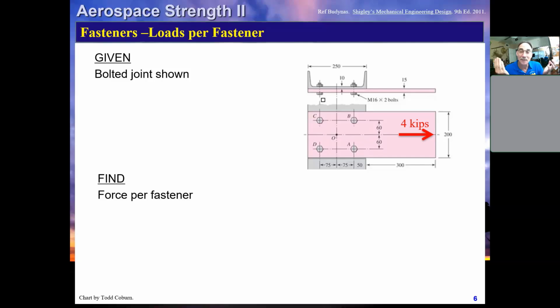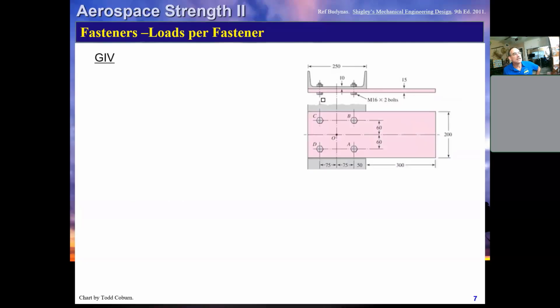Just like force P is distributed equally, P over A, and then we add or subtract the MC over I component. In the same way, with fastener patterns, an axial load through the centroid will distribute evenly between the fasteners.